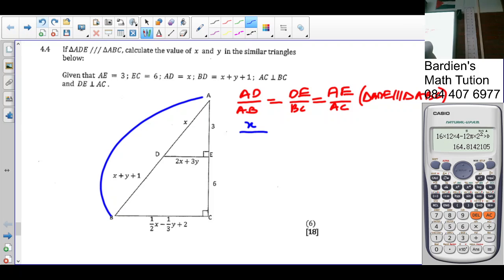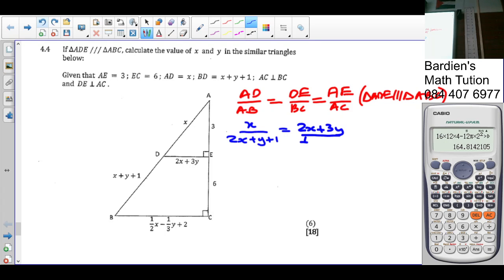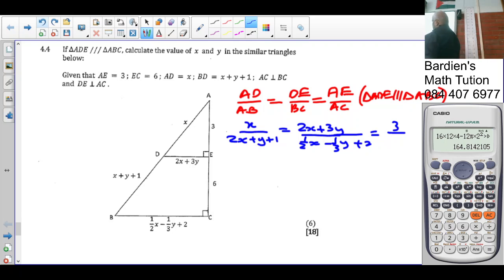Whole length, we spoke about that. What's the whole length? 2x plus y plus 1. DE? x plus 3y over half x minus a third y plus 2. AE is 3 over AC.